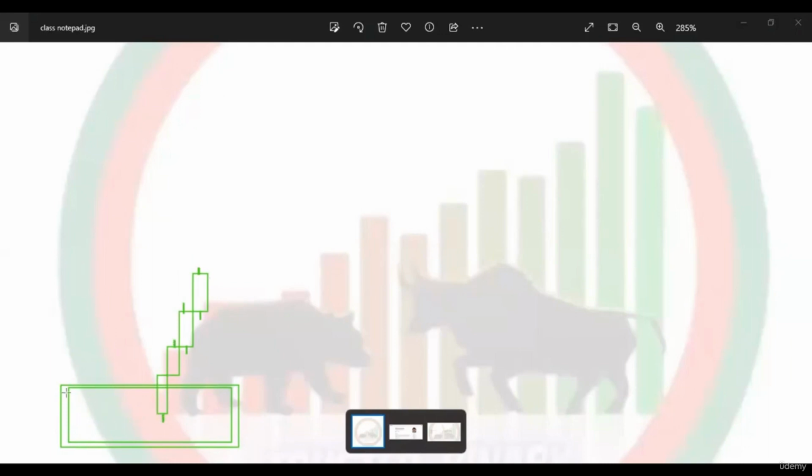This is the range. From that range, buyers entered in the market very strongly and going up. Suddenly what happened? Market trying to create another range here. Like this.